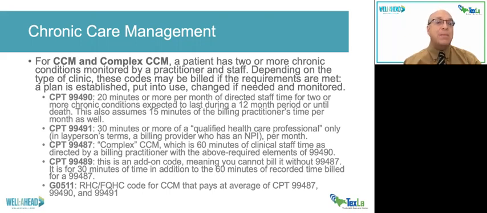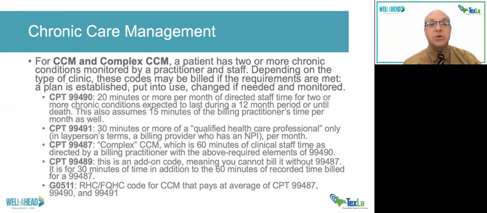If it's a very complex patient and they're doing 60 minutes of time, then it's a 99487. And the code 99489 is an add-on code, meaning you cannot bill it without a 99487. You're adding an additional 30 minutes of time above your 60 minutes for that 99487.